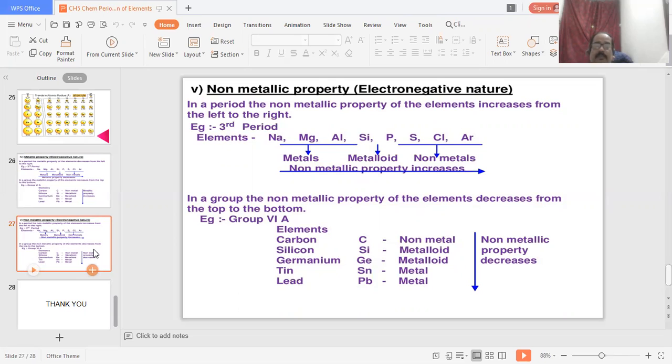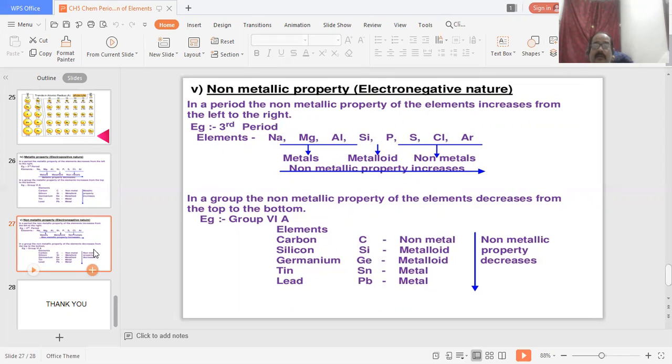In this family the first three members are donors, and phosphorus, sulfur and chlorine are receivers. So the receiving members represent non-metal, donor members represent metal.